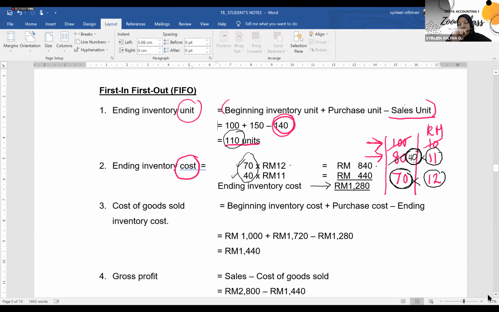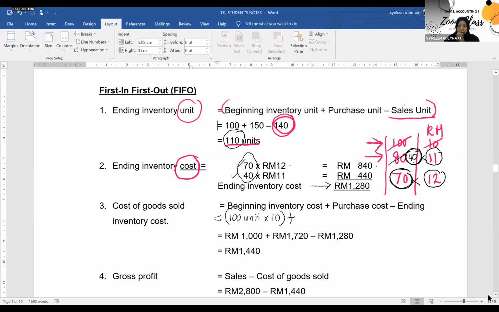How do I get these values? Your beginning inventory, you had 100 units at the price of RM10. So this is your beginning inventory cost. Then we add purchase cost. How much is your purchase cost?